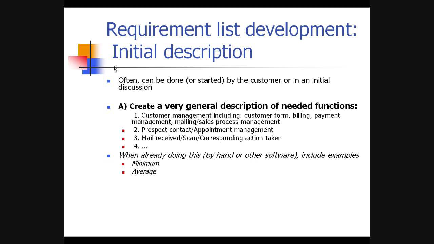And then the maximum example. Okay, what is one of your biggest invoices? Why do you need that? Well, because in some cases customers do things that are very simple.